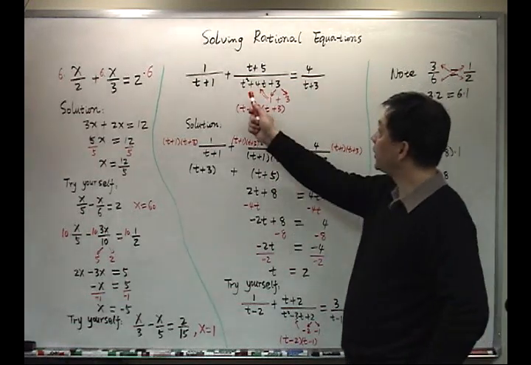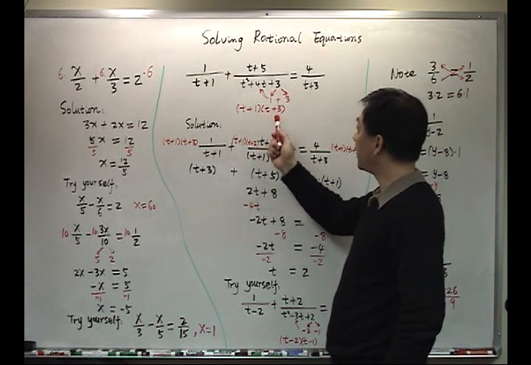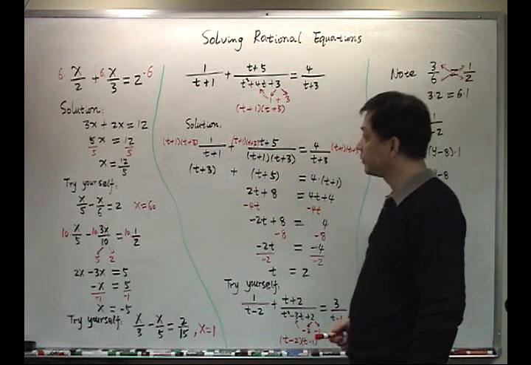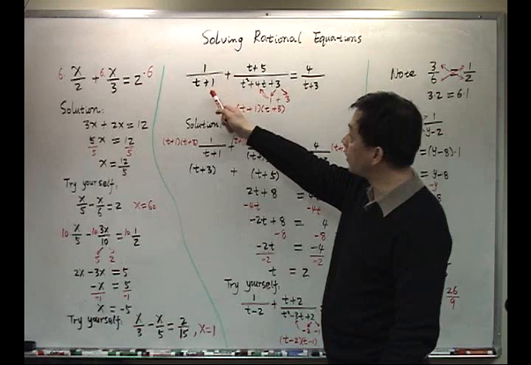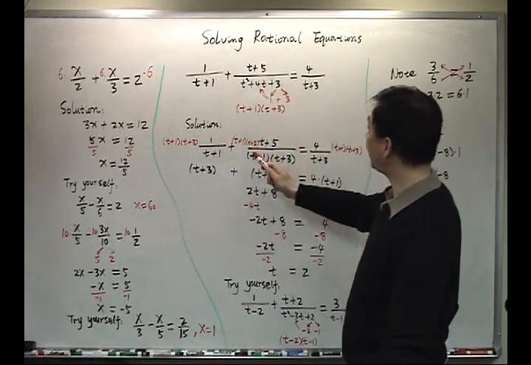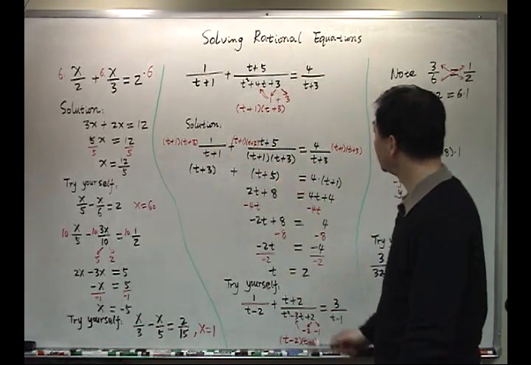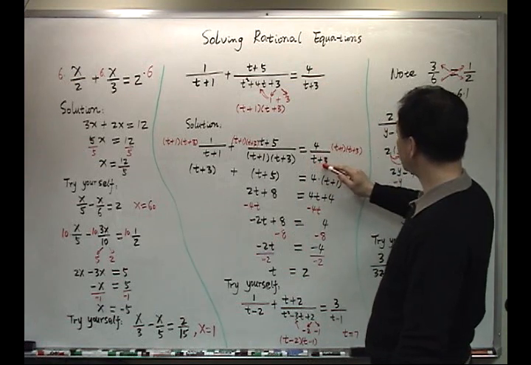Now, the denominators can be factored like t plus 1, t plus 3. So the left-hand side is 1 over t plus 1 plus t plus 5 over t plus 1 times t plus 3 equals 4 over t plus 3.